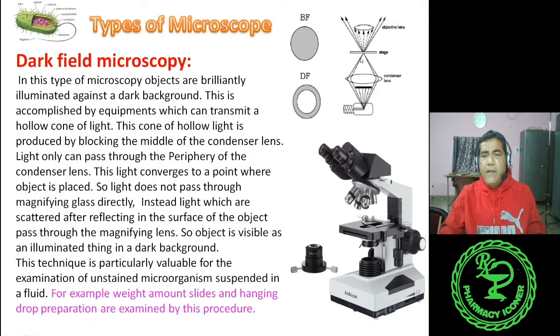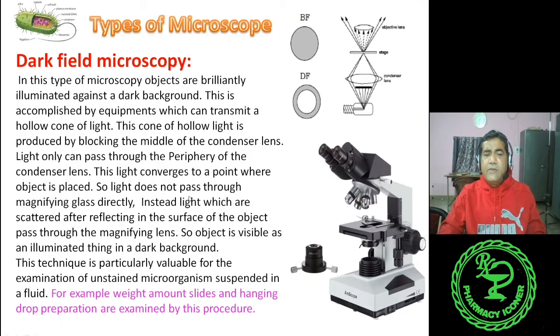So you are not viewing the light source directly. Instead, the light is coming this way and going out, and this way is going out. So it is falling on the object you are viewing. The light converges at the point where the object is placed.